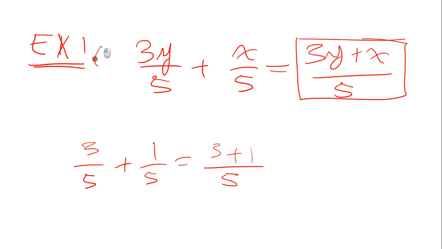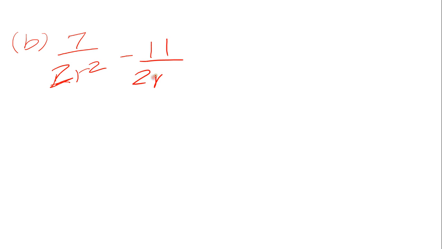Okay, and that was part A. Alright, so part B. 7 over 2r squared minus 11 over 2r squared. And this is in your text, I think page 372.